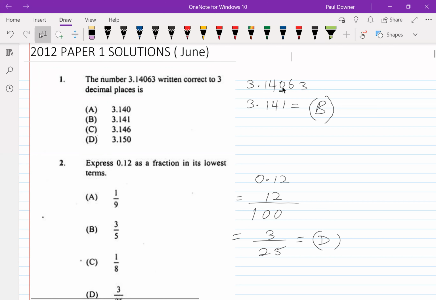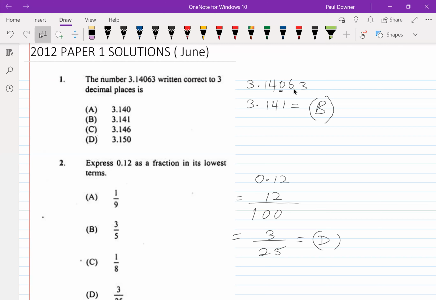Now we have to decide if we leave it at 0 or if we have to increase it by 1. In order to determine that, we simply look at the first digit to the right of that 0. If that digit is 5 or more, then the 0 has to go up by 1. When we look at the digit to the right of the 0, it is 6, and 6 is more than 5.